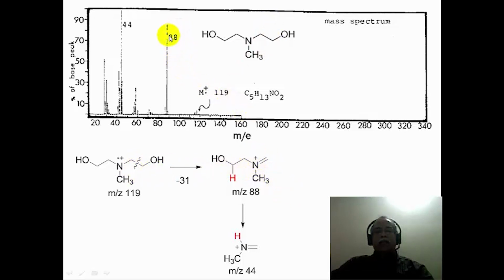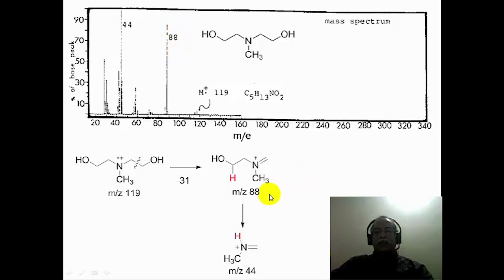That iminium cation has a molecular weight of 88, and the structure corresponding to it is this particular iminium cation. It's quite possible that the iminium cation actually exists in a cyclic form because this is 1, 2, 3, 4, 5. It can form a 5-membered ring, for example. And as a result, this could be a stable ion to give a fairly intense peak in terms of the relative abundance.